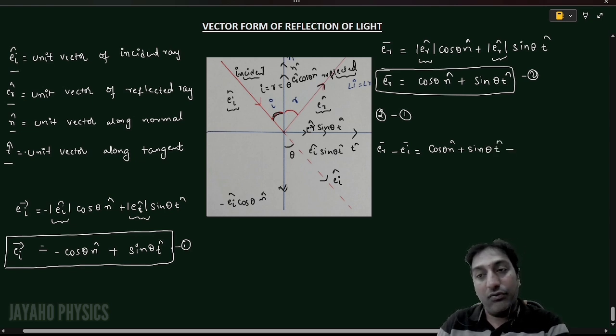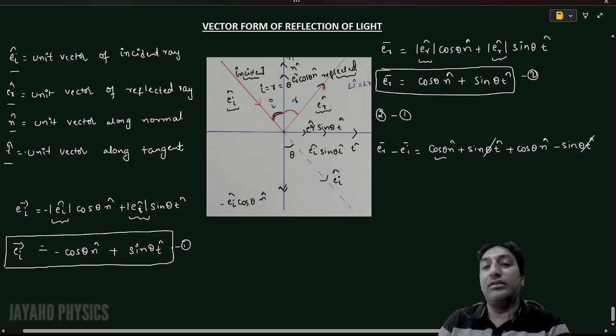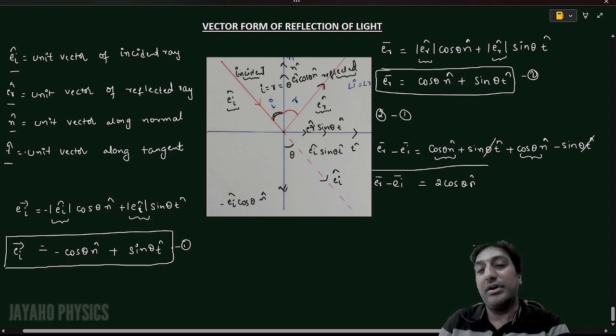So the plus cos theta n cap and minus sine theta t cap: these two values will be cancelled and these two will be added. Finally, E_r bar minus E_i bar is equal to 2 cos theta followed by the n cap. I am taking this as equation 3.